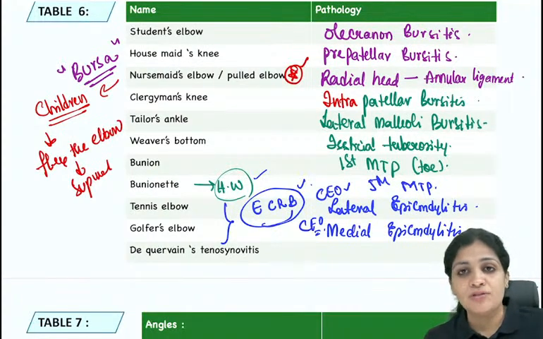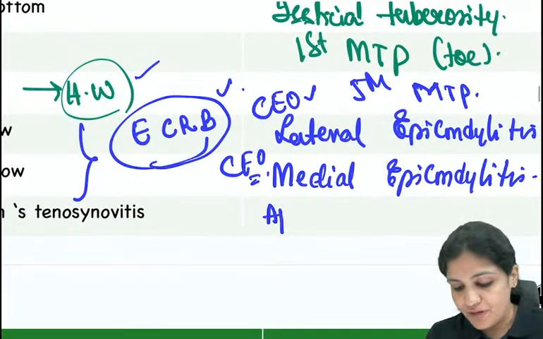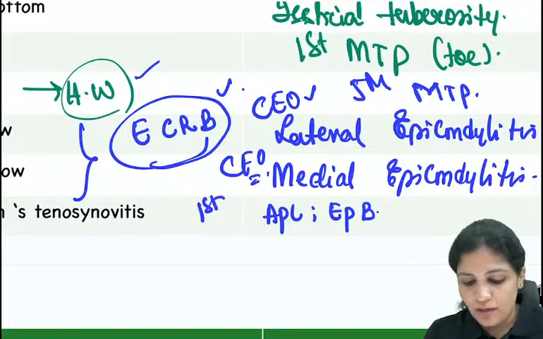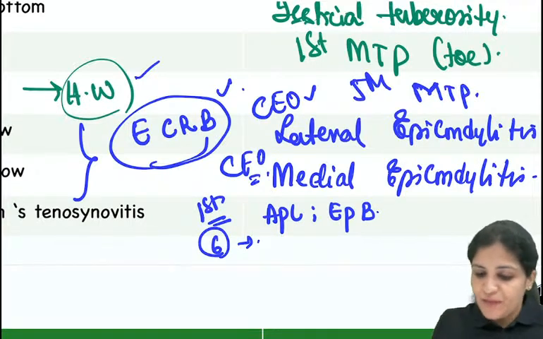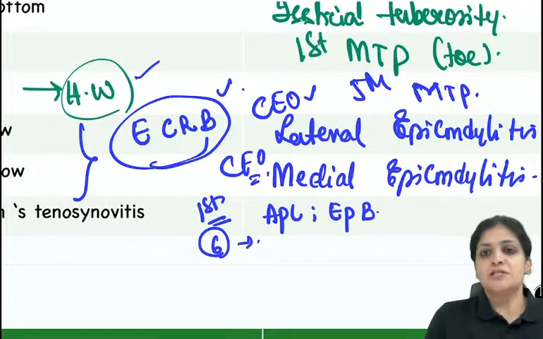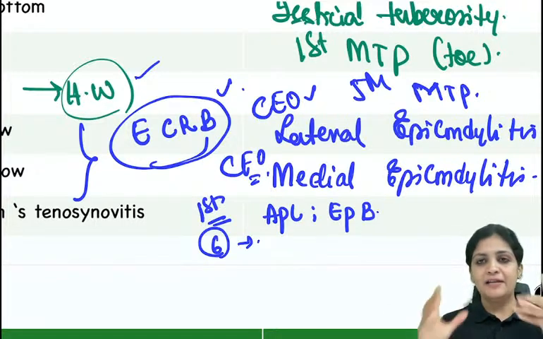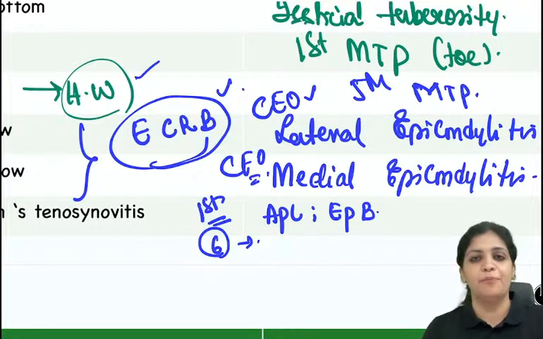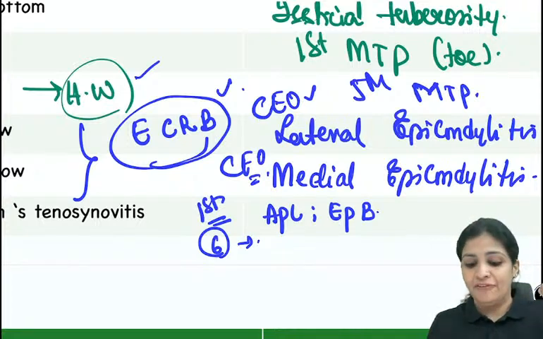Next, De Quervain's tenosynovitis. What is De Quervain's tenosynovitis? First compartment, APL, EPB. If you remember, there are 6 compartments in the hand where we place the extensor tendons. The first compartment is occupied by APL and EPB, abductor pollicis longus and extensor pollicis brevis.